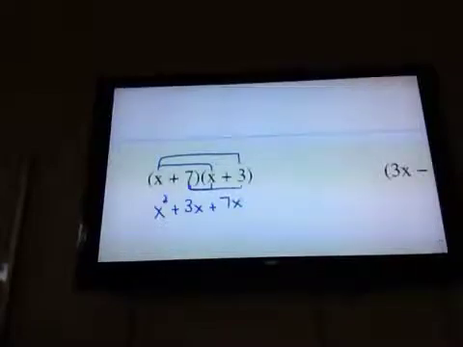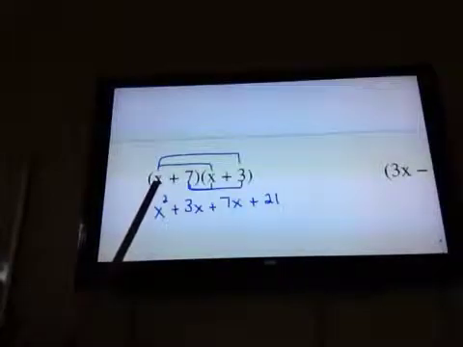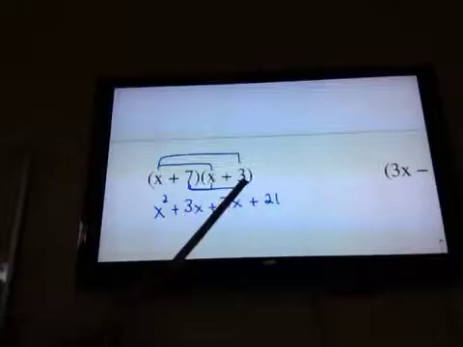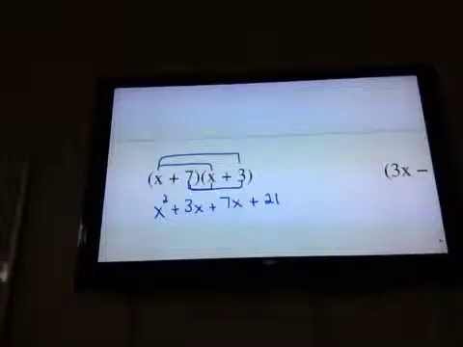And last times last, positive 7 times positive 3 is positive 21. So all I did was I took x, the first term here, times that one and that one. And then I took positive 7 times that one and that one. I distributed twice, but I just did it in an organized way.